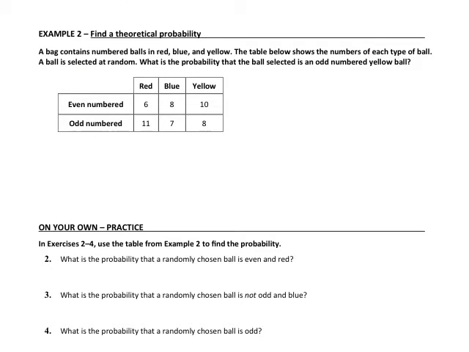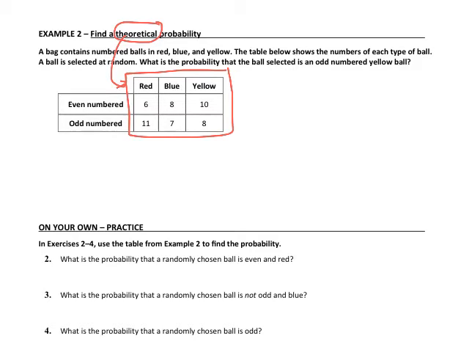All right, so example 2 here asks us to find a theoretical probability. I want to point out that the word theoretical means that when you're looking at actual numbers, the actual numbers should help us find an actual probability, something that should occur if we were going to do an experiment.